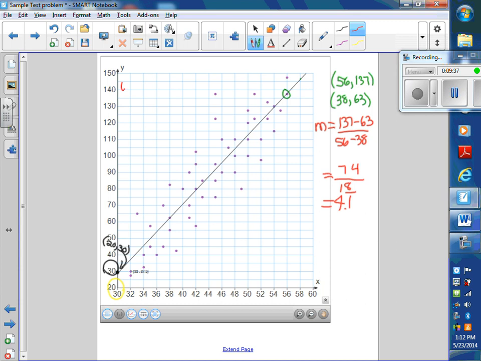So then we go through that same process, y equals 4.1x plus b. So now what would you do, Libby? 63. Yeah, so you're going to put 63 in for y.